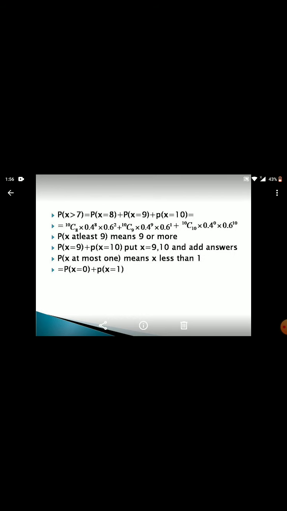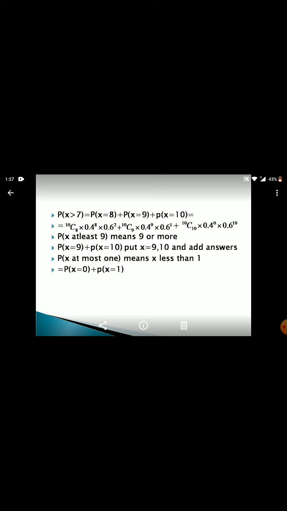So what you have to do, you have to find the probability of 8, then probability for 9, and then find the binomial probability for 10, and then add all these probabilities together. पहले हमने 8 के लिए निकाली, then for 9, and then putting x is equal to 10, you will get the three probabilities and you will add them, and you will find your answer, that is x greater than 7. 8, 9 और 10 की probabilities find out करनी है and then add them.